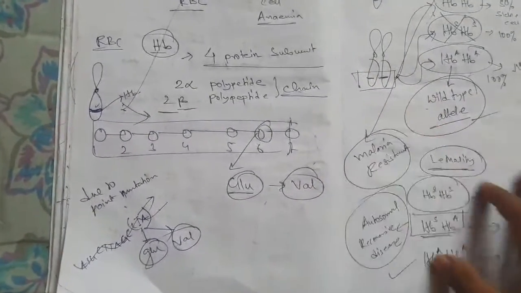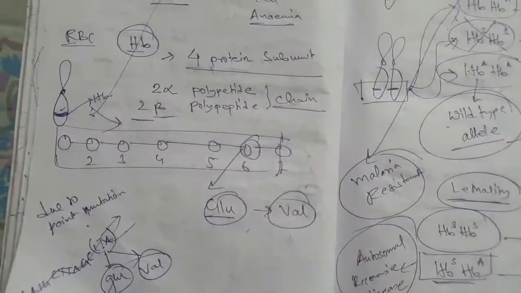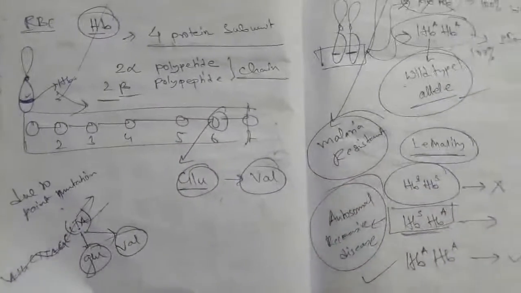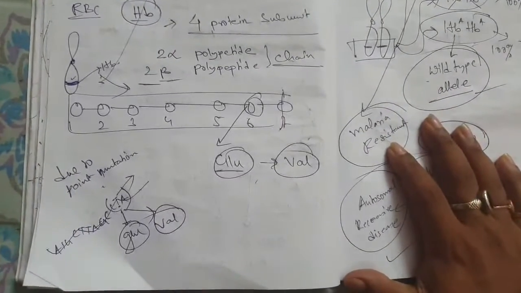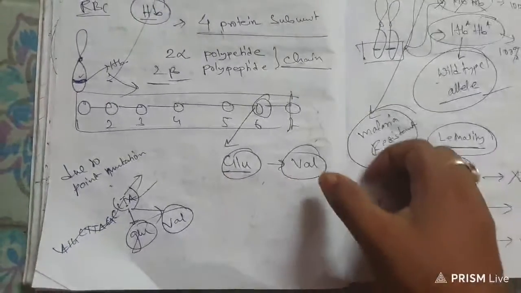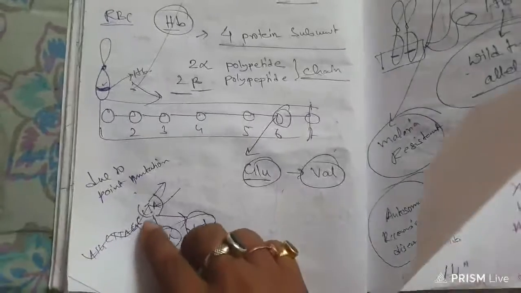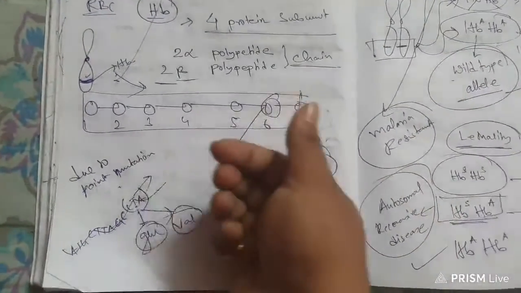This situation is known as point mutation, which I explained previously, because when there was one change in the nucleotides, the entire codon might have changed and it would have given valine.